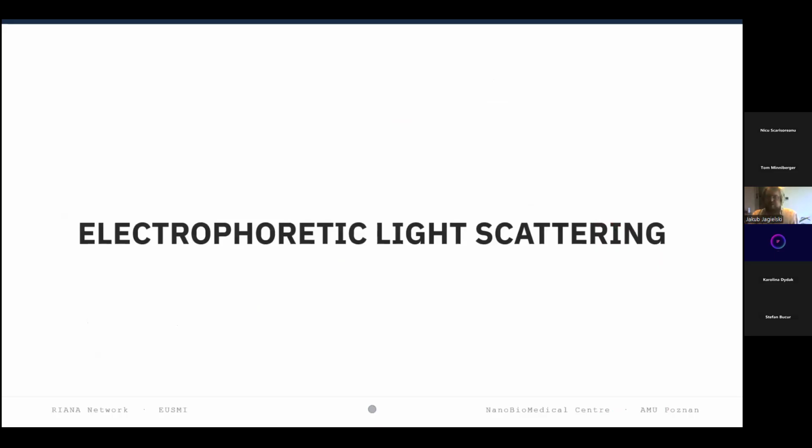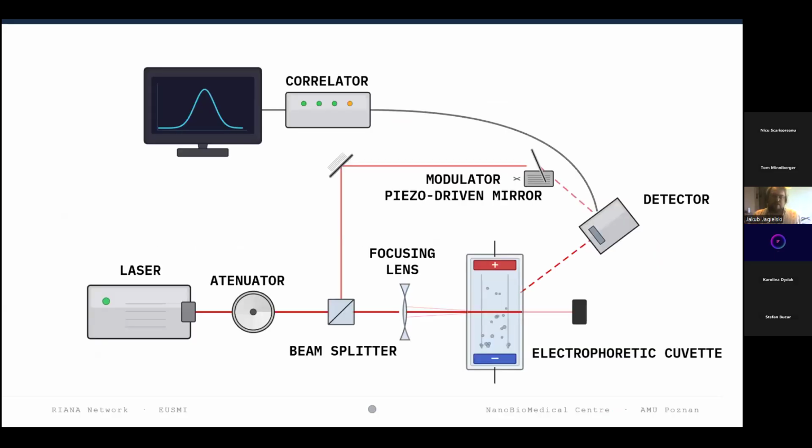Before we move to the results, I would like to tell you about electrophoretic light scattering. While the setup is very similar to DLS, these two features are very often measured simultaneously or one by one in the same equipment. Here you can see that before the focusing lens, we have a beam splitter that divides our laser into two paths.